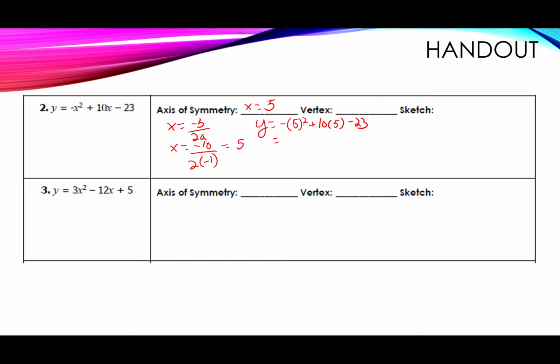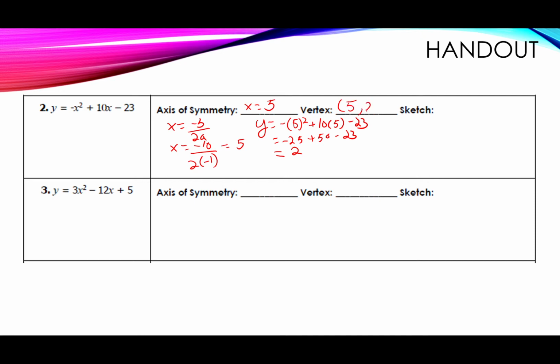Because 5 squared is 25, and this is going to be negative 25. Then plus 50 minus 23. Negative 25 plus 50 is 25. 25 minus 23 is 2. So y equals 2.